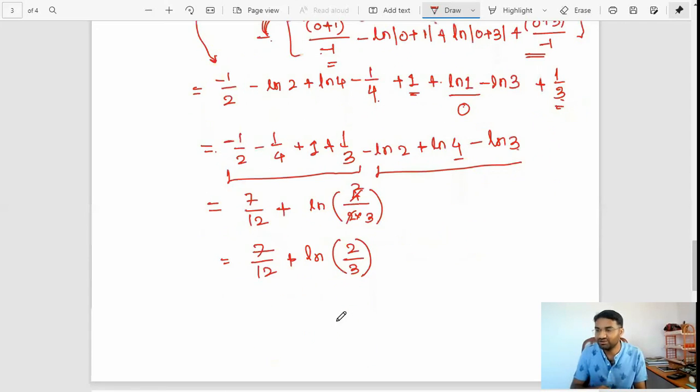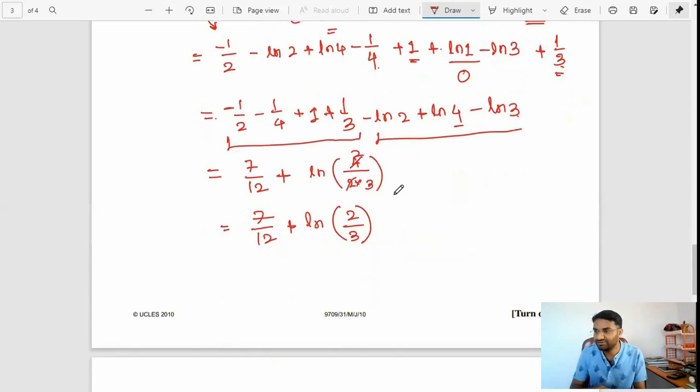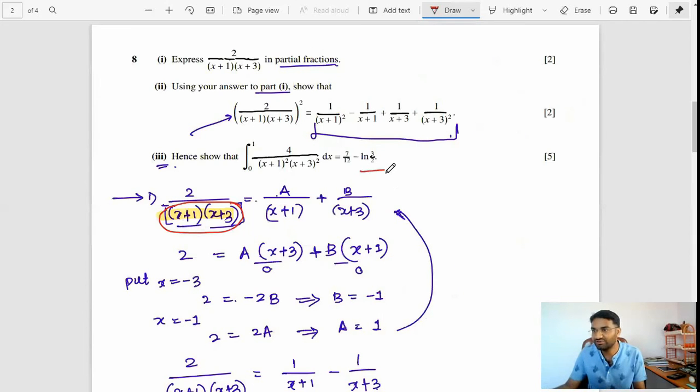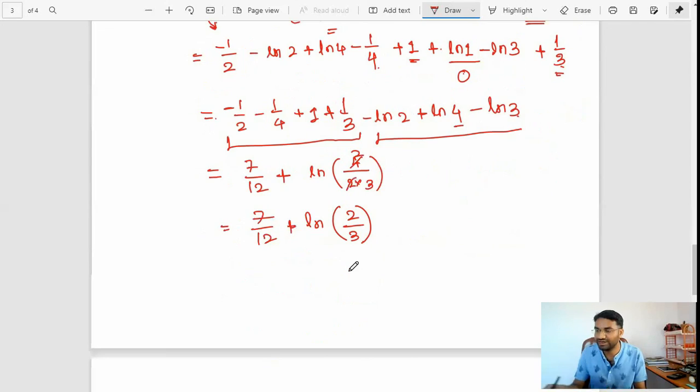Now in the question, if you look here, it's a negative 3 by 2 there, and we are getting positive 2 by 3. So just take this 3 to the numerator and 2 to the denominator and change the sign. That's it. So 7 by 12 minus ln of 3 by 2. That is the answer.